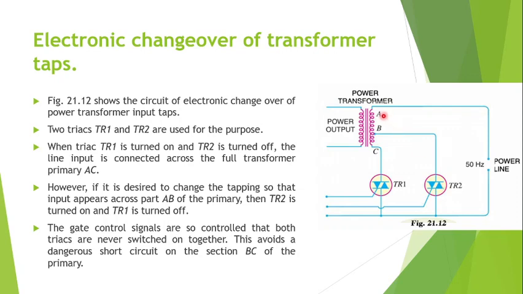In that case, the primary is only from point A to point B. So in this way we control the number of turns in the primary, either from A to C or A to B. The circuit for the gate current is made in such a way that both the triacs are not put on at the same time. If they are put on at the same time, then B and C will get shorted, which is a dangerous situation.